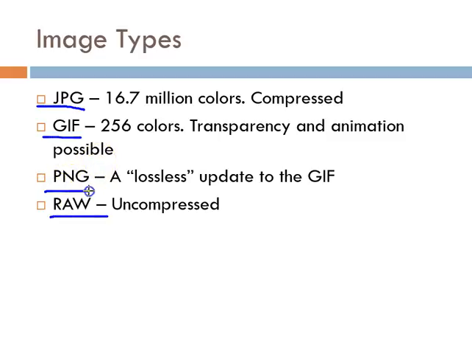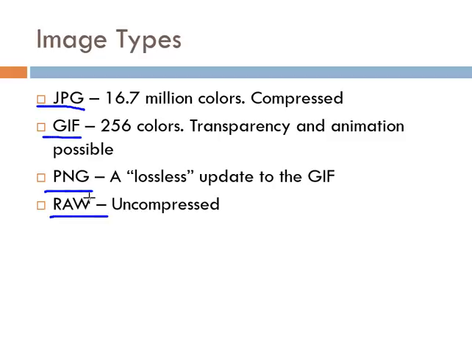There's a format that is called PNG. It stands for Portable Network Graphic, and it was created as what was called a lossless update to the GIF file. So you lose a lot of the color and the detail when you move to 256 colors.